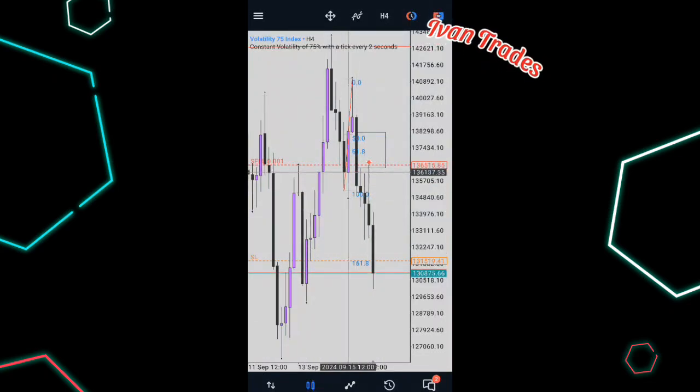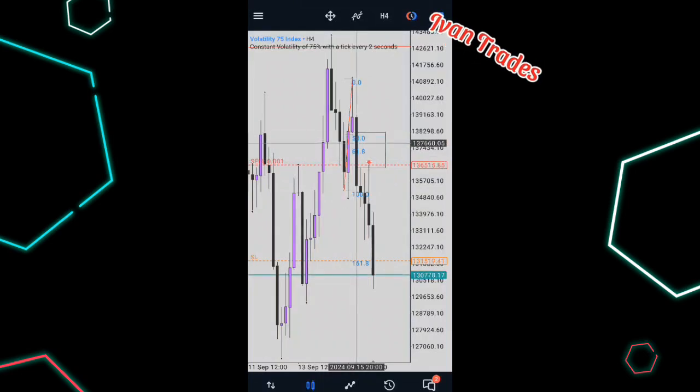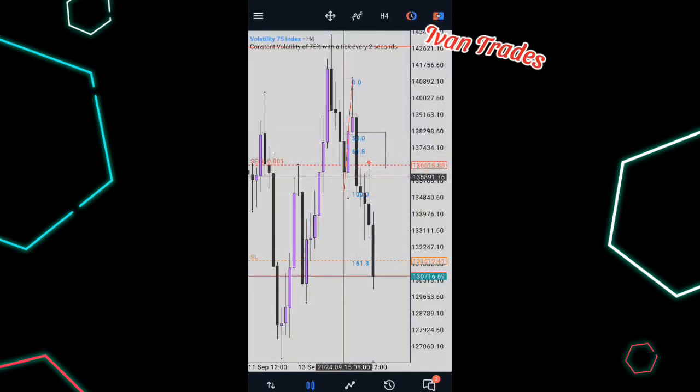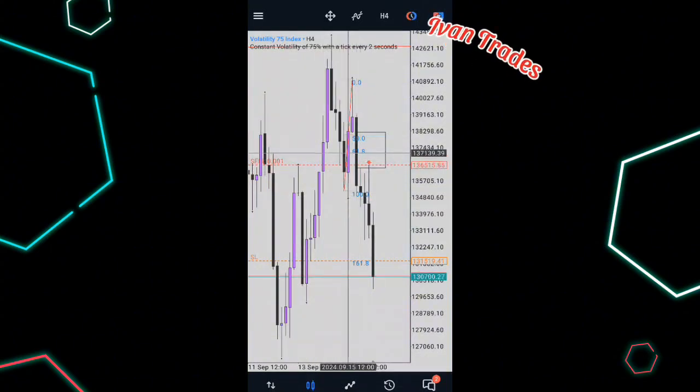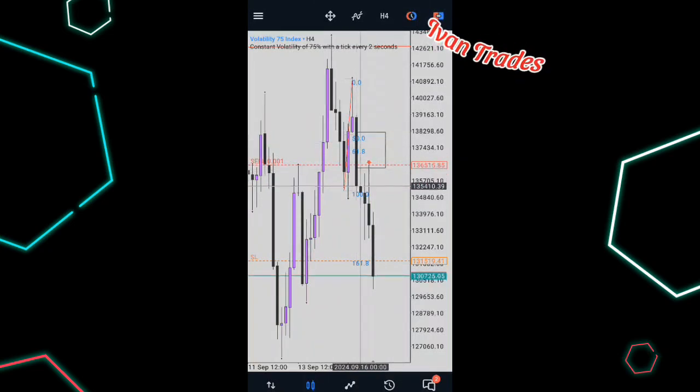There is a mitigation block right here which was formed on the 15th of August. I think during yesterday, this fair value gap was formed. If we go down the time frames, you will also see a formation of a sharp turn or double fair value gaps, which made this leg a stronger leg to continue lower from.